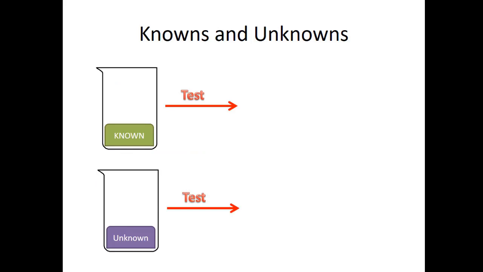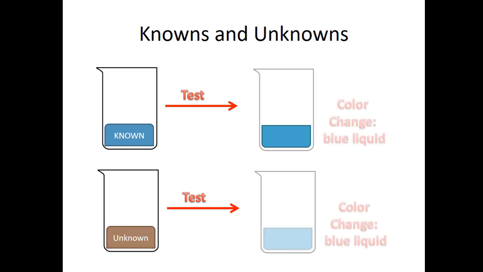So what is all this leading us up to? Well, you're going to have some known compounds that you're going to test with a particular test to look for a chemical reaction. So when you test your known with a particular compound, the color changes after you add the test additive. Then you have an unknown, and you add the same additive to that unknown. You see the color change is the same.